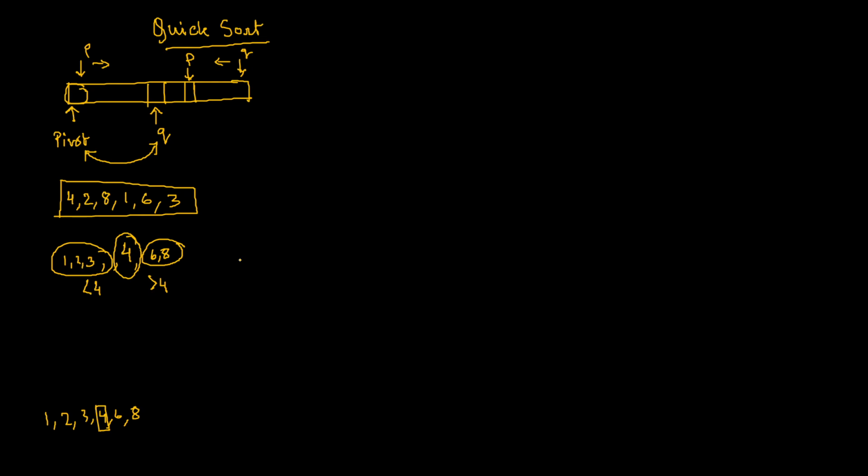Why? Because that means the time taken to sort n data will be equal to, obviously, the time taken to sort this half and this half, so 2T(n/2) must be there.